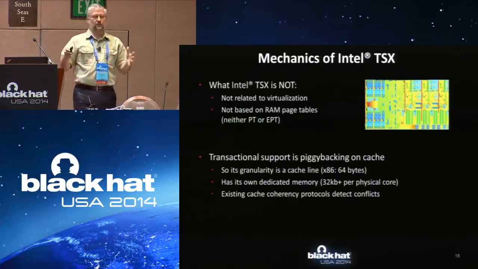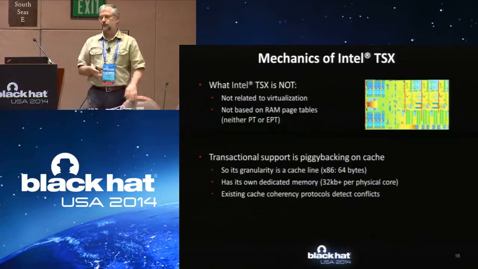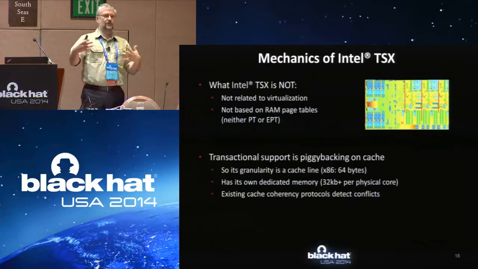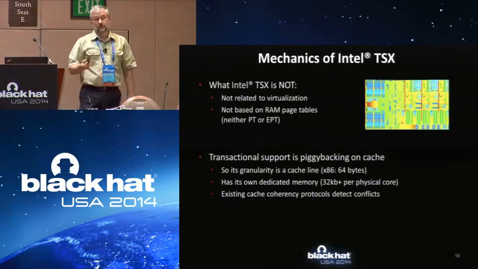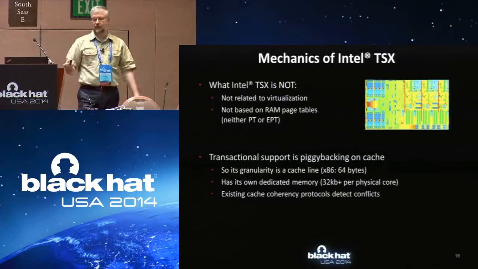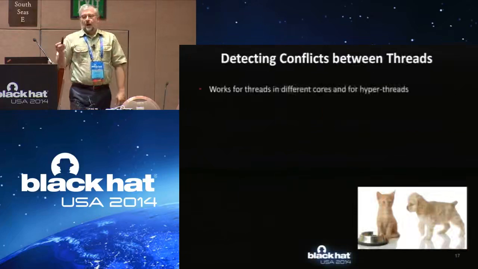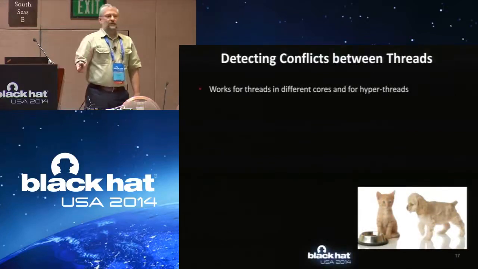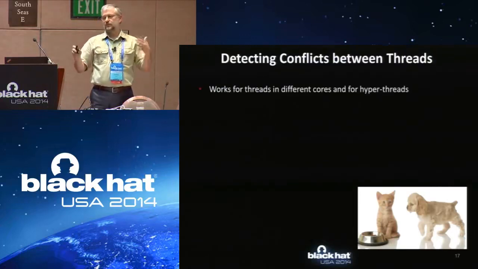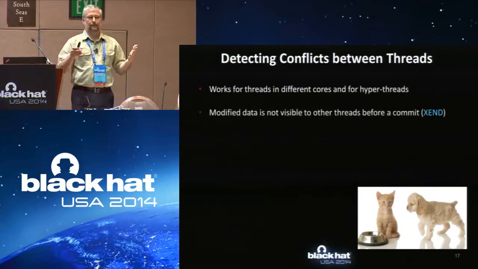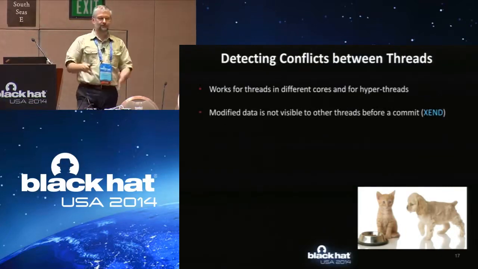Transactional memory support in the processor has its own dedicated memory to store a table of which accesses have occurred. And it uses existing cache coherency protocols to detect conflicts. Because it's the existing cache system, it works between different CPU cores. It works with different hyperthreads in the same core.